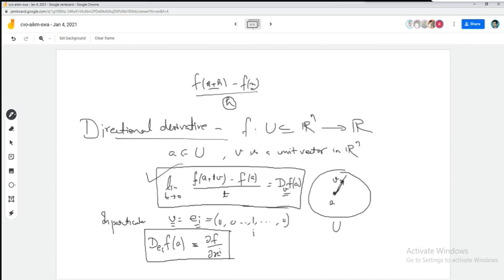So there is a question, maybe you search on yourself. Give an example of a function for which directional derivative exists in all directions, but the function is not even continuous at that particular point.